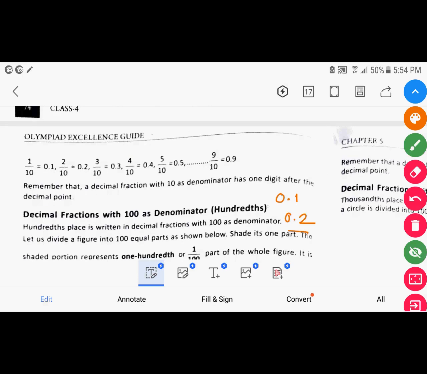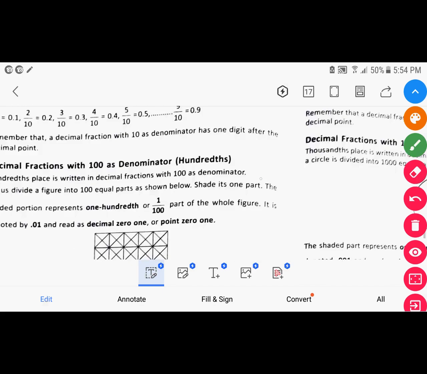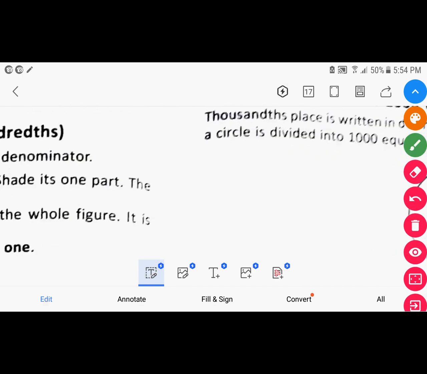0.1, 0.2. Now see, I will tell you one thing. If my denominator is 10 and whatever number is in the numerator, 2, 3, 4, meaning 4 by 10, 2 by 10, 3 by 10, what I am going to do is put a point at the left side of that number, because the 1 at the denominator has a single 0.